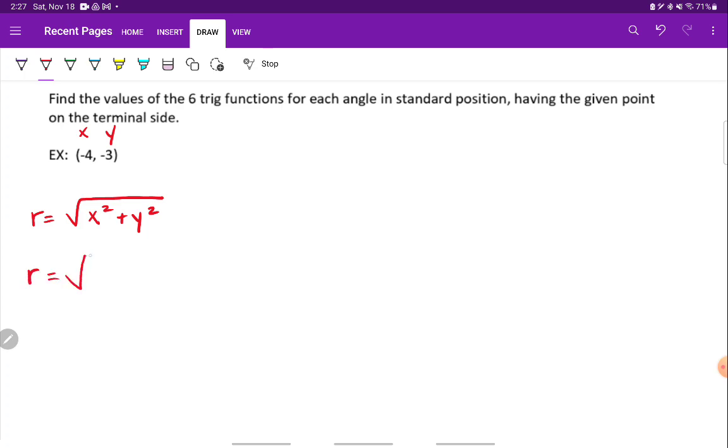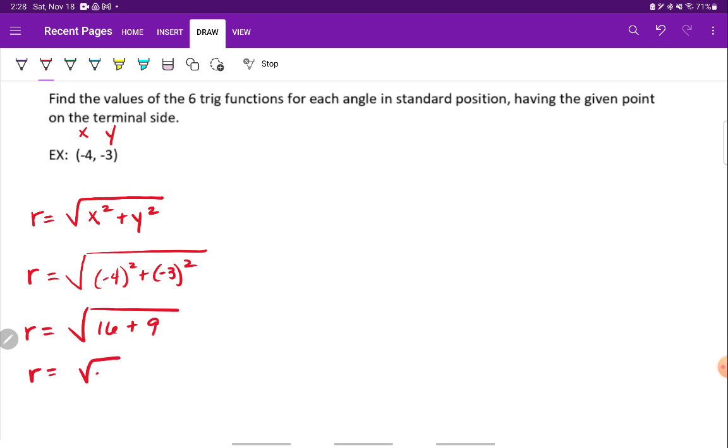So r is going to be equal to the square root of -4 squared plus -3 squared. That'll be the square root of 16 plus 9, the square root of 25, which is 5.